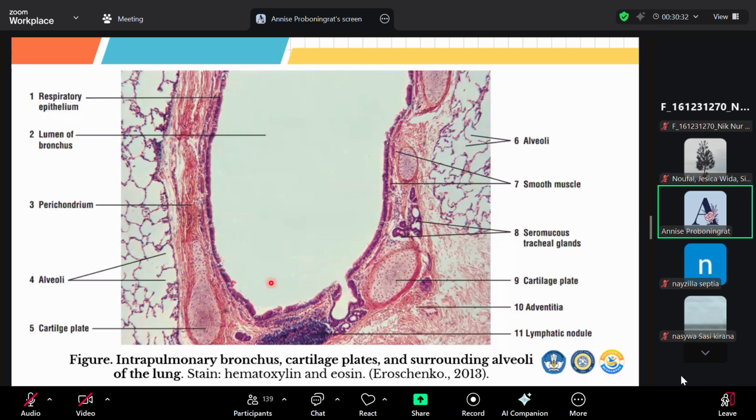This is the hematoxylin eosin staining of the normal intrapulmonary bronchus.